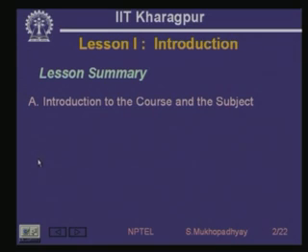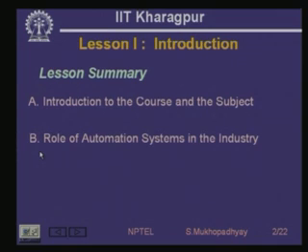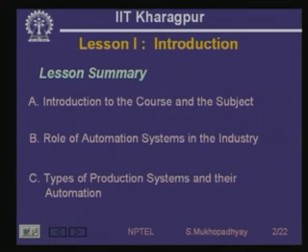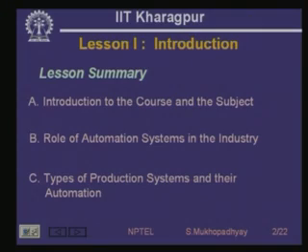Having done that, we shall examine the role of automation systems in the industry, what it does to a factory, why it is considered so good, why it is found so widely existing in all types of factories, how it can generate money, and then we will look at the various types of factories and the various types of automation systems which are suitable to these respective types of factories. So, that is what we are going to do in this lesson, broadly speaking.